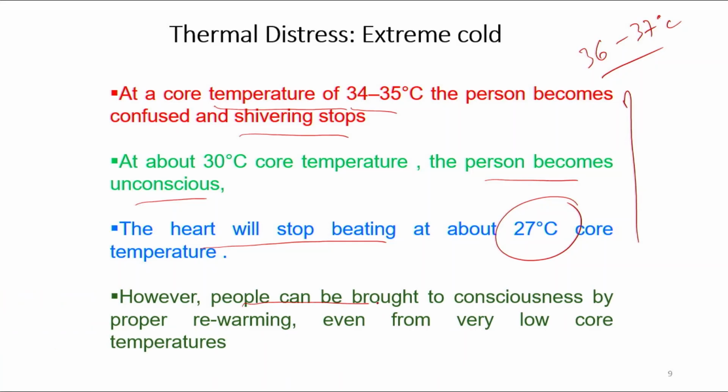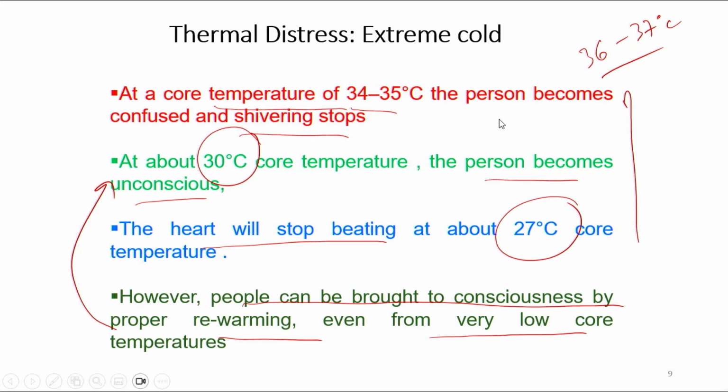However, a person who becomes unconscious, even at very low core temperature, can be brought back to consciousness by proper rewarming. If the core temperature becomes 30 degrees Celsius and he is unconscious, then by proper rewarming, reheating, he can be brought to consciousness.